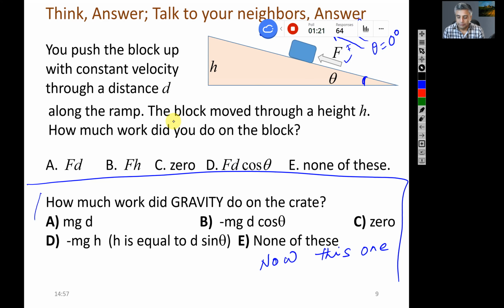And with respect to the force of gravity, if we look at this, the displacement is in that direction. So force and displacement, what's the angle? Do we know the angle here? The angle between D and mg. We know this theta is the angle made by this incline, and there is this 90 degrees. So the angle between mg and displacement is 90 plus theta.